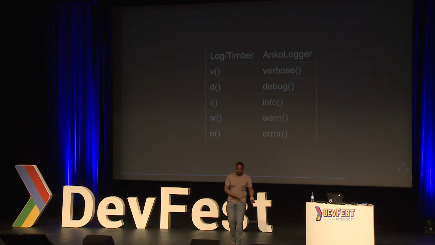To be fair, you don't have to do that in Timber either, but for Anko, you don't need to add any extra code in an application class or thing like that. You can just have your class implement Anko Logger, and use those functions, and everything works fine.